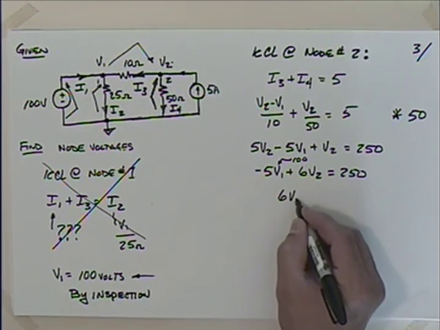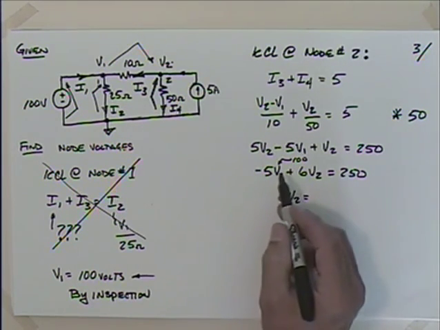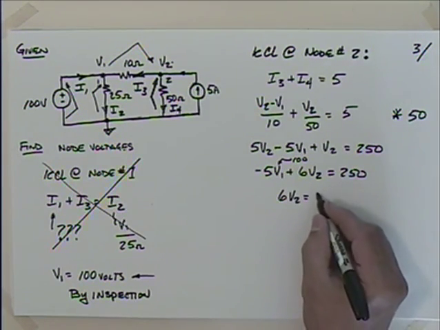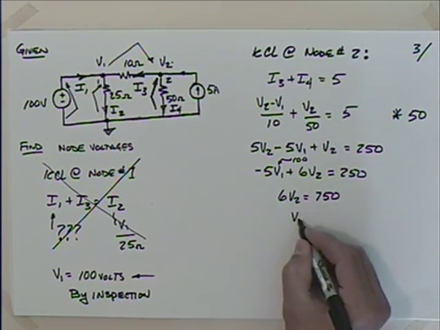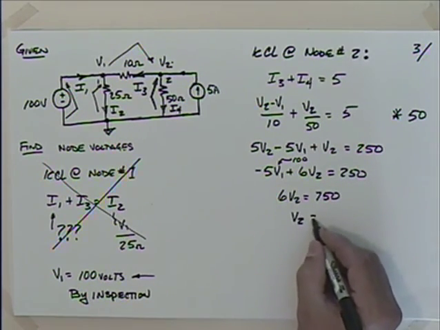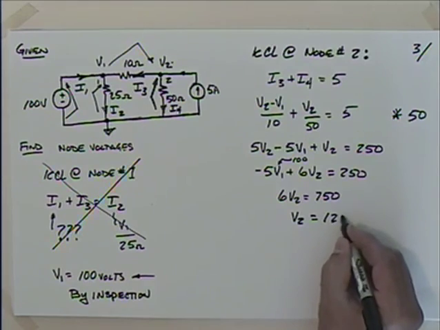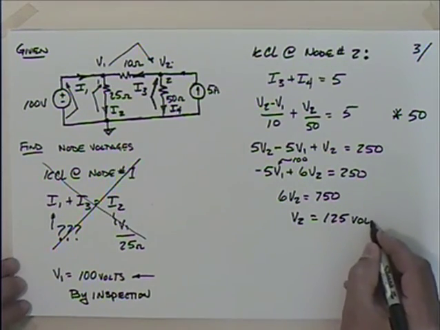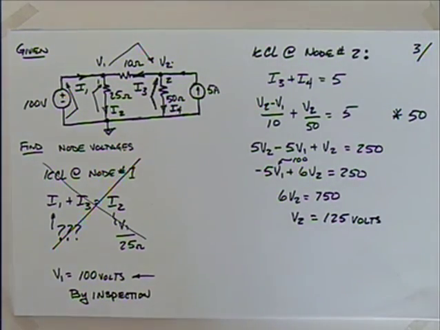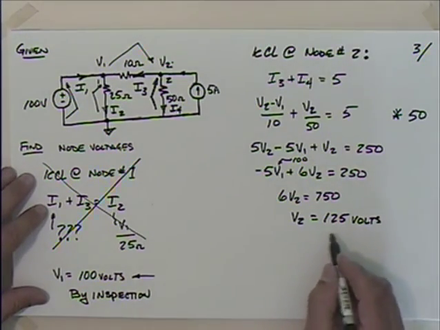So I have 6V2 is equal to 750? So V2 turns out to be equal to, I think, 125 volts. Double check that. Yep, 125. So I got 125 volts.